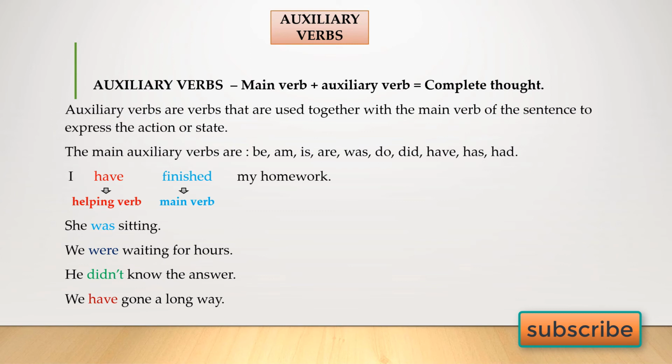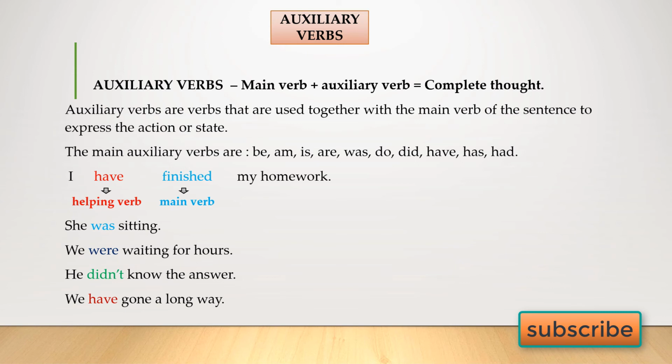So let's come to auxiliary verbs and helping verbs. Main verb plus auxiliary verb equals complete thought. So auxiliary verbs are verbs that are used together with the main verb of the sentence to express the action or state. They are verbs like be, am, is, are, was, do, did, have, has, had.